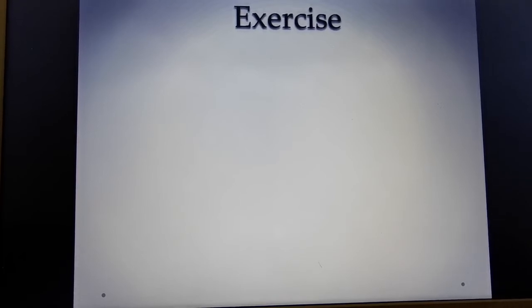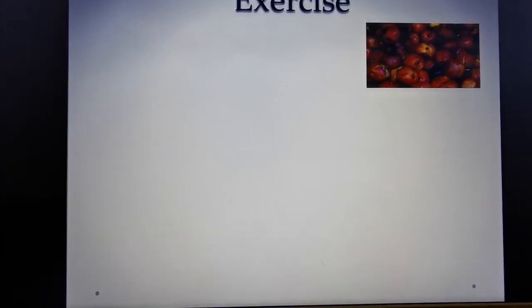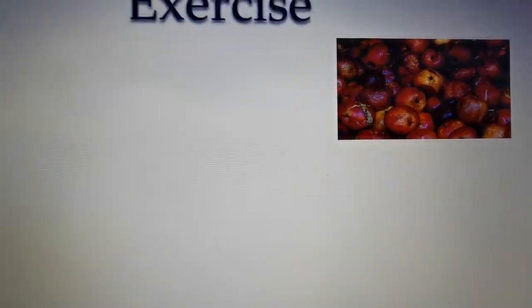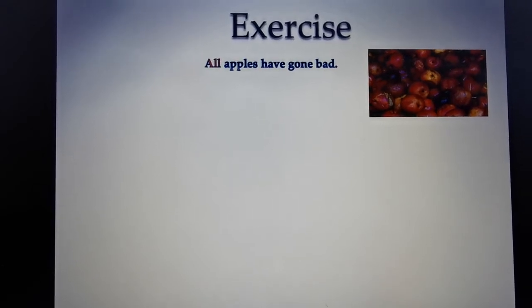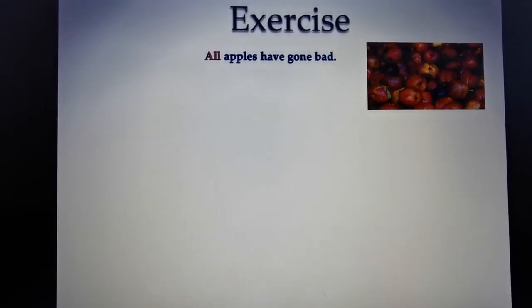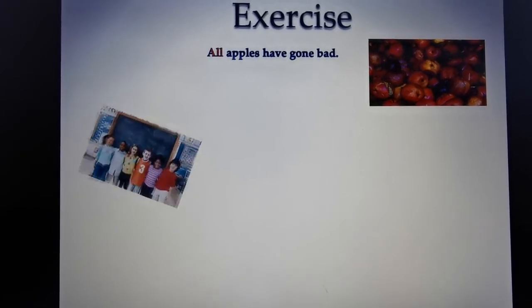So let's look at this exercise. Look at the picture here of these apples. Let me focus on that picture. So if you can see all of these apples, right, what has happened to them? They have gone bad. So the correct sentence to write this would be, all apples have gone bad. Let's look at another picture.